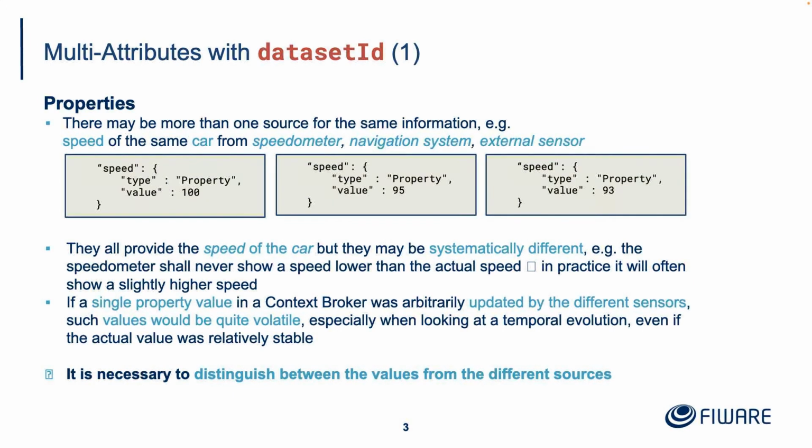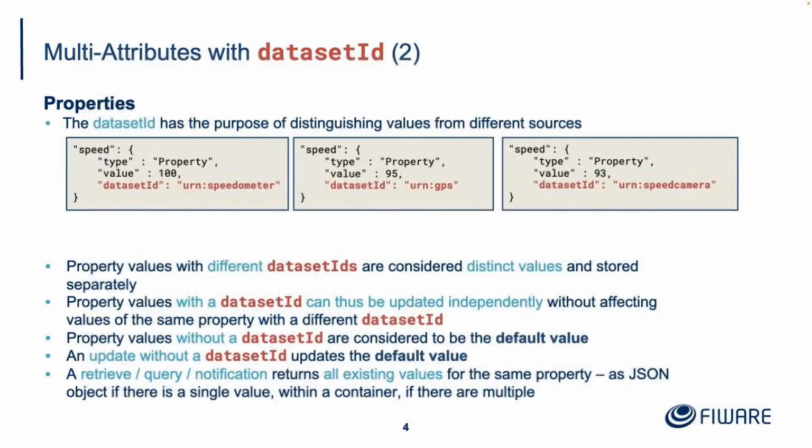How do you obtain the multiple values from that system? And the way that NGSI-LD deals with it, this is not a feature which is available in NGSI v2, is this addition of datasetId. Now, datasetId is another non-reified attribute which goes in along with the type and the value, or the type and the object, and it's a URN.